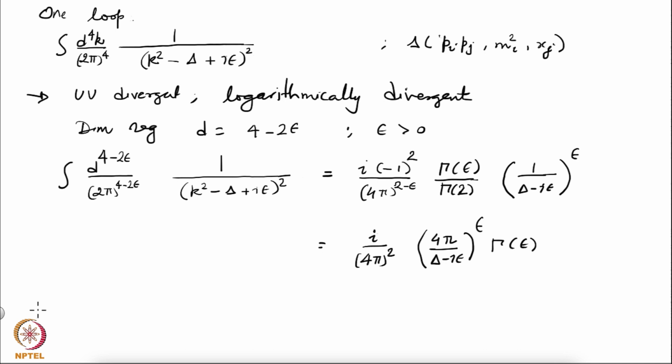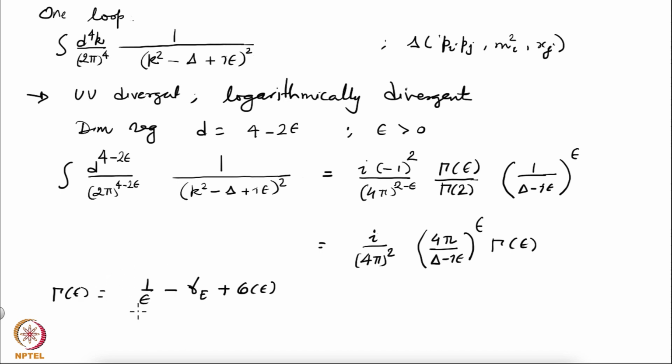So gamma of epsilon behaves as 1 over epsilon minus Euler gamma. This is again a gamma, it's called Euler gamma, plus terms that are order epsilon. So you see that it is singular, as you already know, and the behavior is like this.